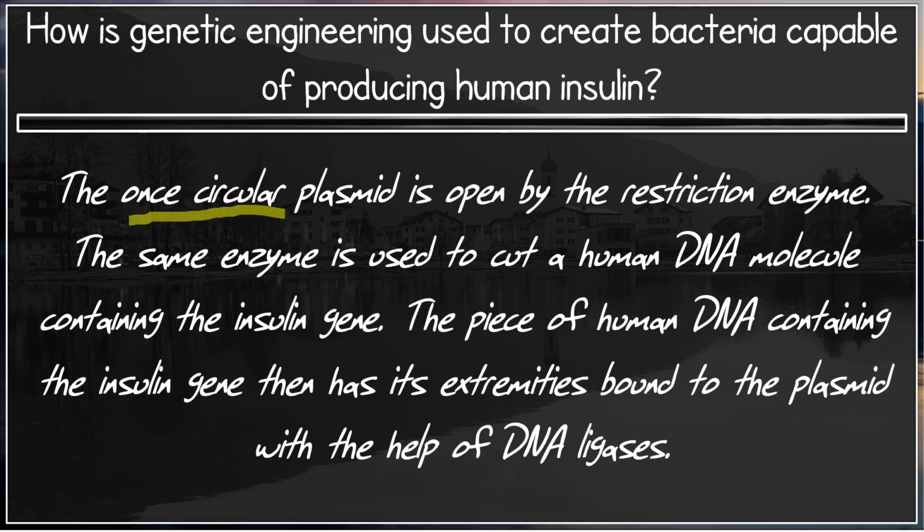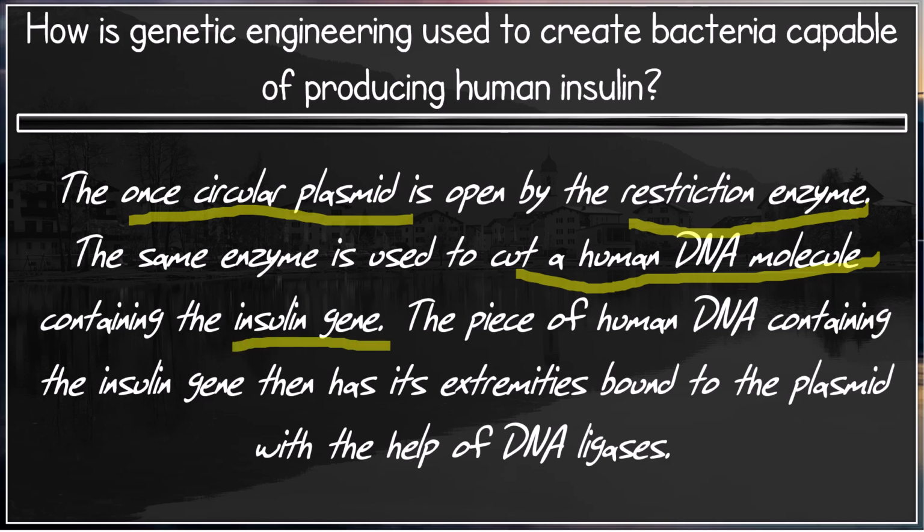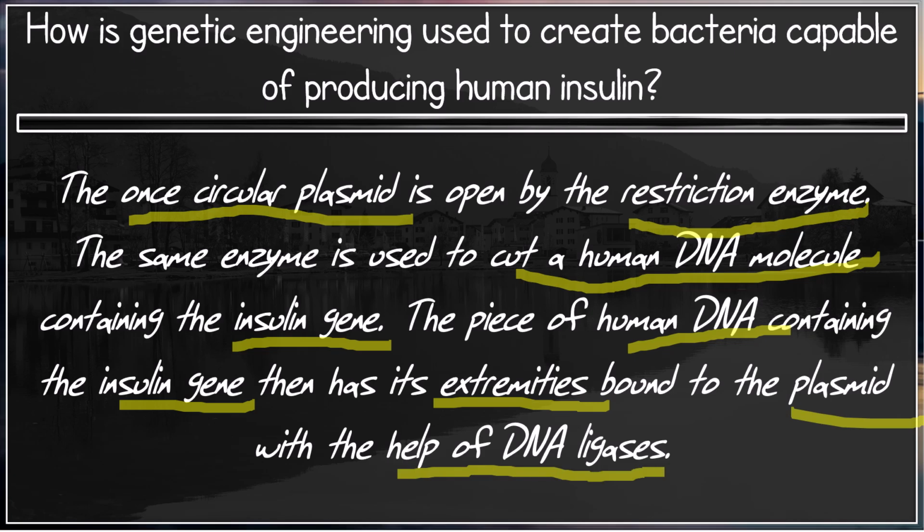The once circular plasmid is then opened by the restriction enzyme. The enzyme is used to cut the human DNA molecule containing the insulin gene. The piece of human DNA containing the insulin gene then has its extremities bound to the plasmid with the help of DNA ligases.